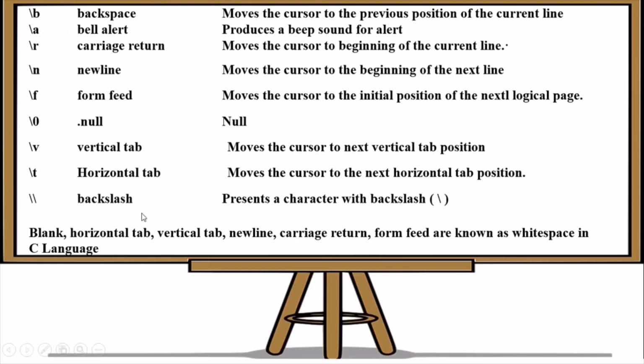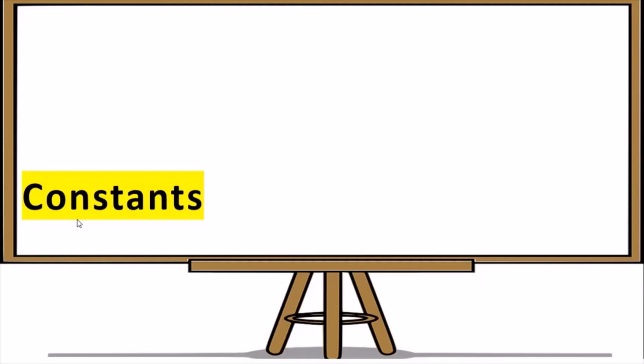We can use \n for new line here. So these are the different white spaces used for programming, but they are not printable, right? Horizontal tab, vertical tab, new line, and carriage return are also known as white space in C language as well as in C++. Okay, so we will do these in our practicals.